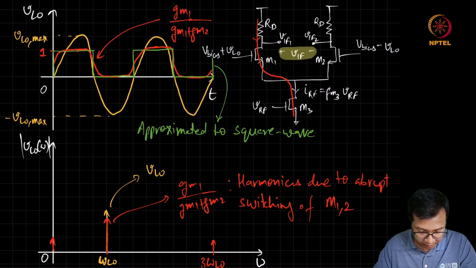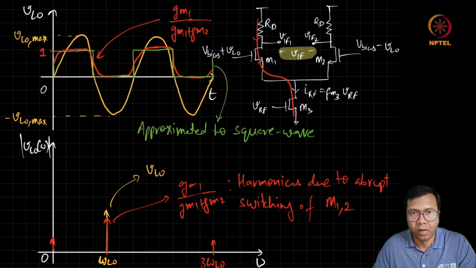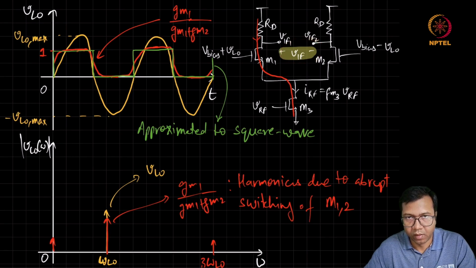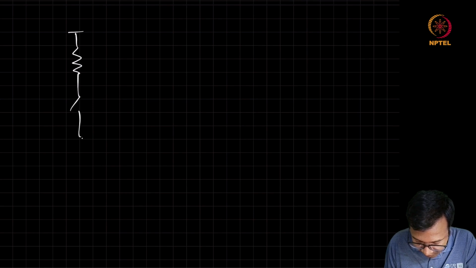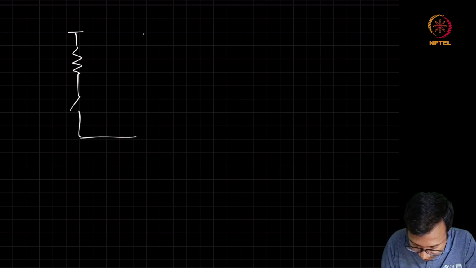And now we can use this approximation to find what is going to be the final IF output. So we can simplify the circuit by replacing those MOSFETs with switches which will turn on and off when the LO signal is applied.